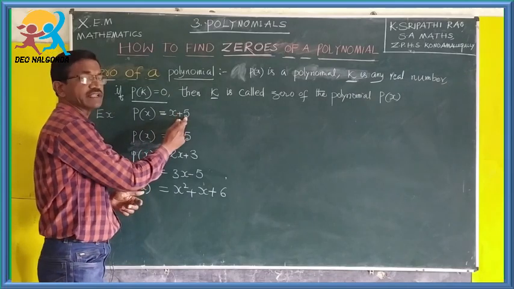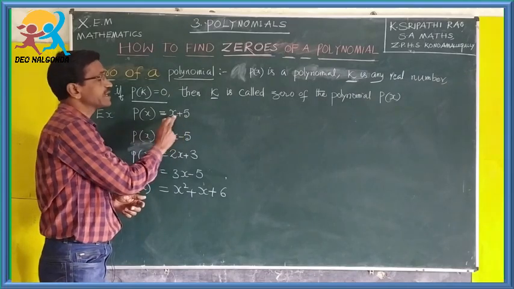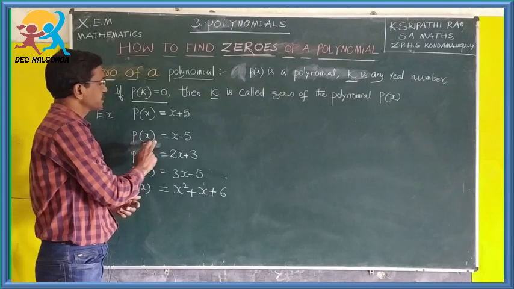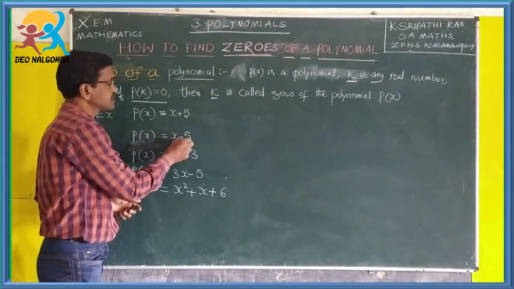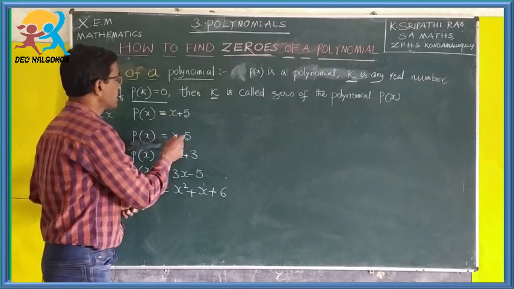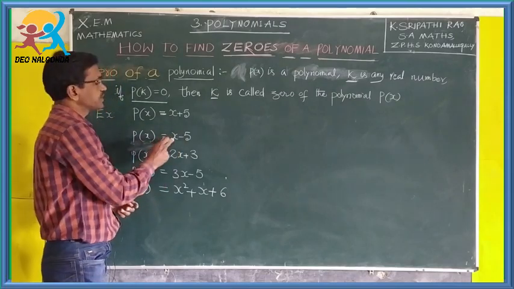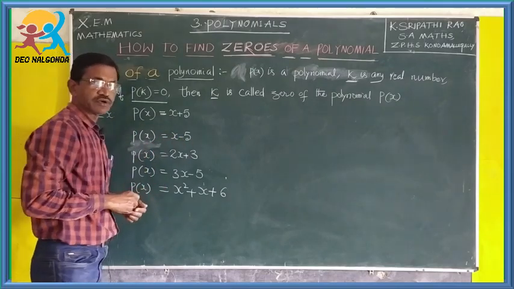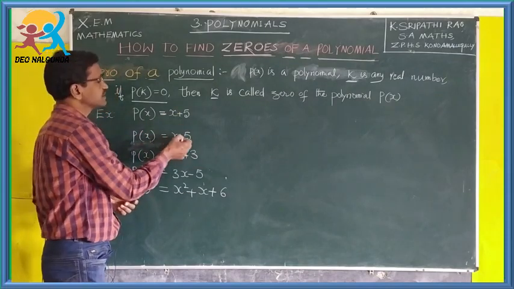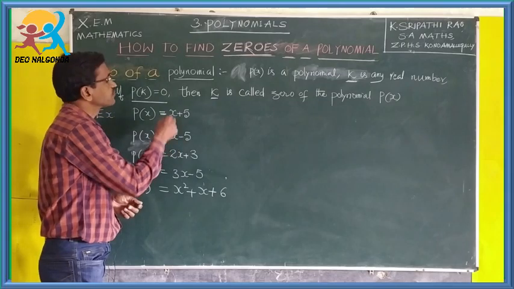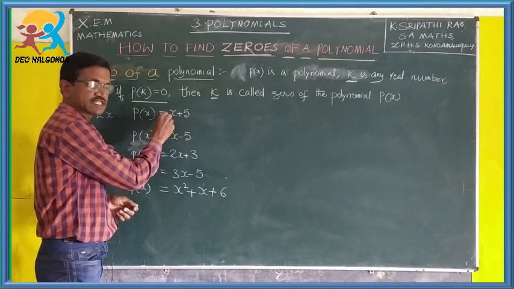If plus 7 is there, minus 7; plus 2 is there, minus 2. Here p of x is equal to x minus 5. What is the 0 of this polynomial? You have to substitute plus 5 because minus 5 is here. We have to write the additive inverse of this number. If minus 5 is there, we write plus 5. If plus 5 is there, we write minus 5.